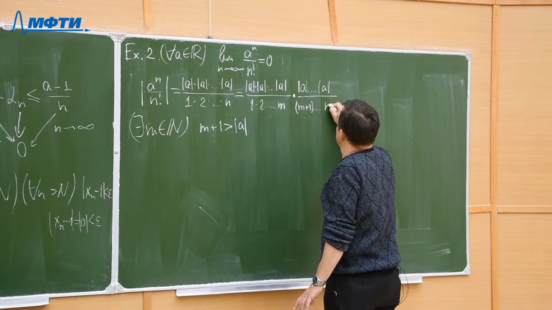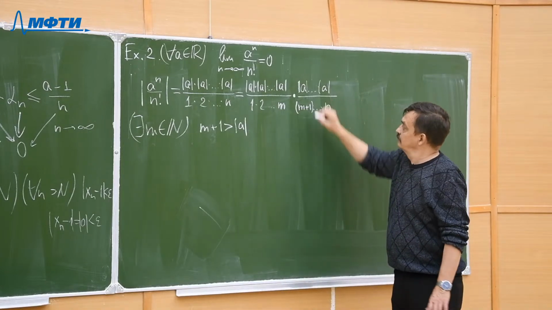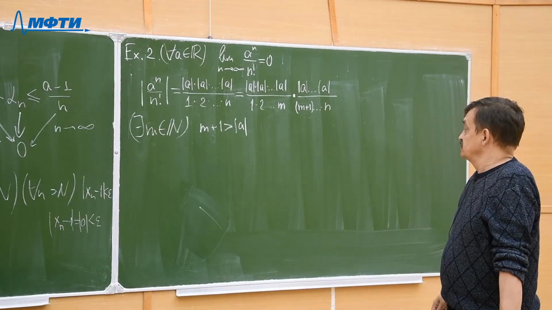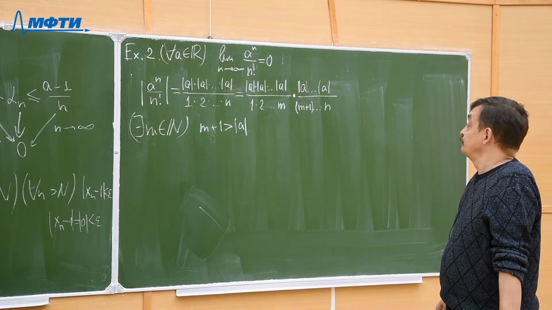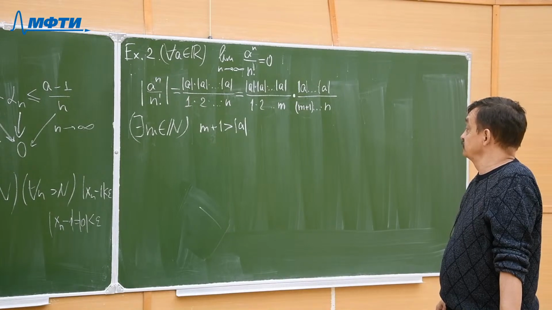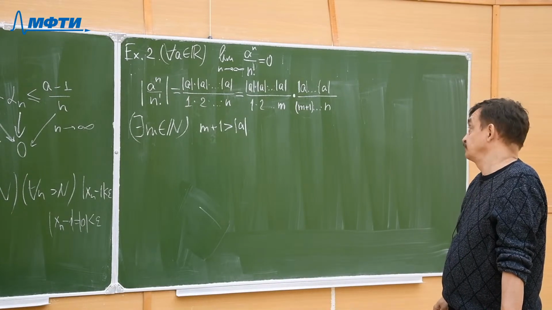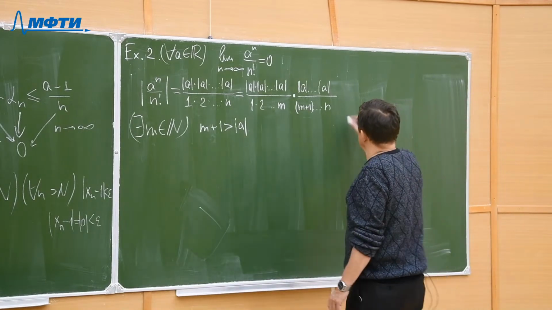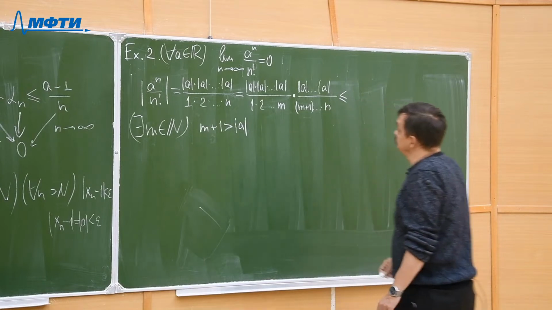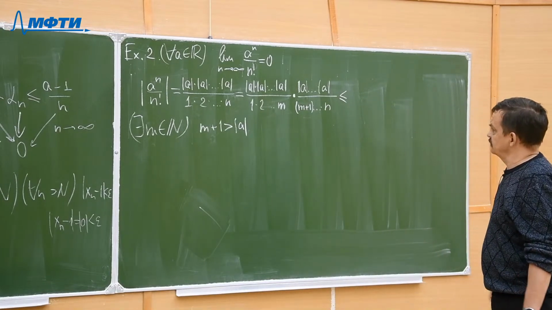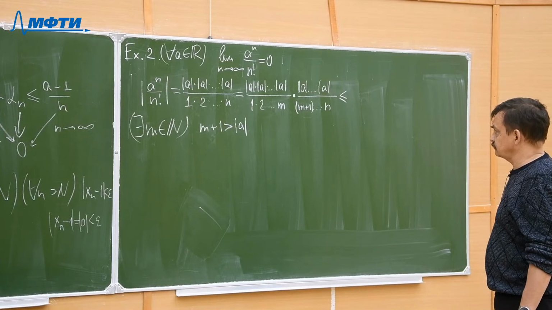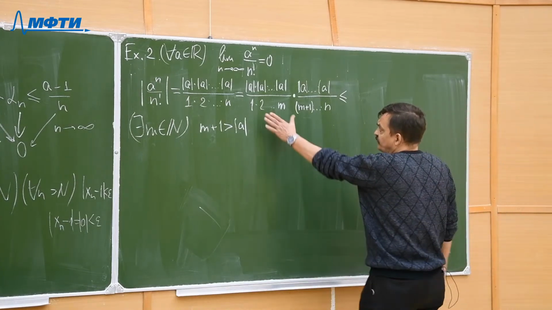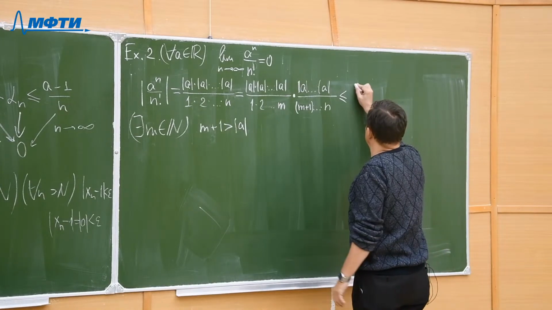So in fact, up to now I just split the fraction into the product of two fractions, and then we can estimate it, less or equal. In fact, strictly less, but doesn't matter. So the first, let it be as it is.